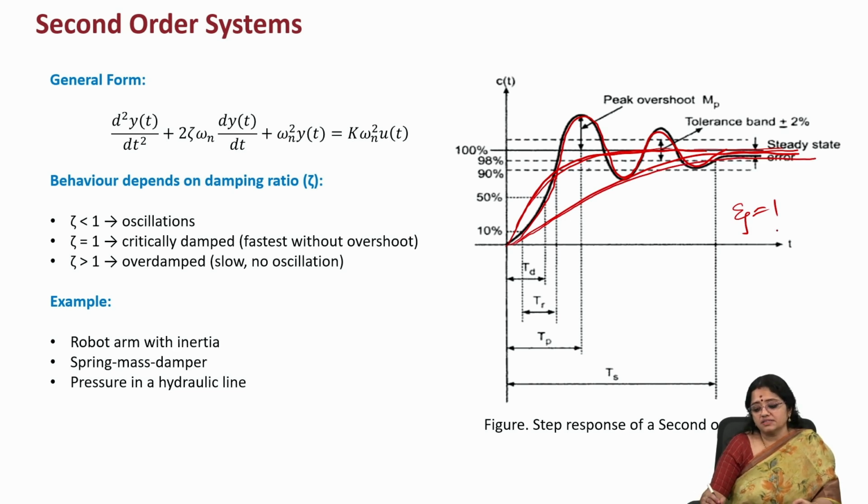So depending on the zeta values, this is how the system responds, and depending on the omega n value, how many oscillations it will encounter before it reaches the steady state value will vary. Also the gain of the system will impact the final steady state value it is going to reach once the triggering step input or any kind of input is given.